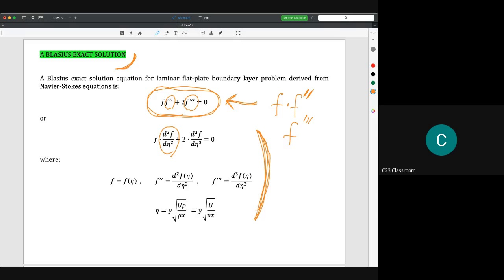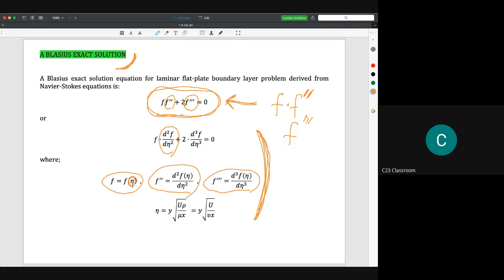So we assume that f equals f of eta, and f double prime is the double differential of f of eta, and f triple prime is the third differential of f of eta. So what is eta? Eta reflects the velocity distribution.